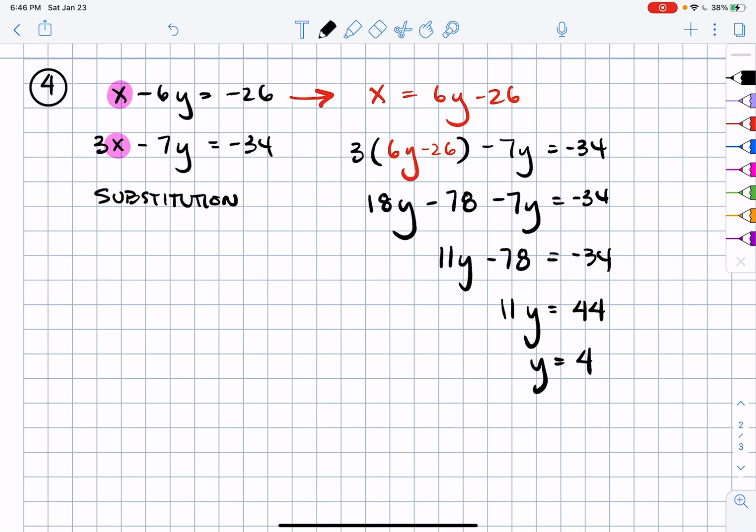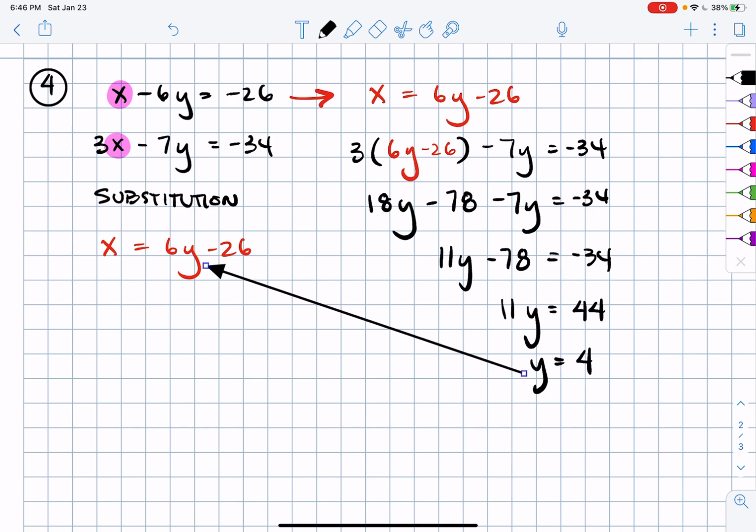Okay. Now, here is where the tricky part is, right? So if you trust yourself that this right here is correct, you are welcome to go ahead and plug this y in for that y. It's harder to do than you think.